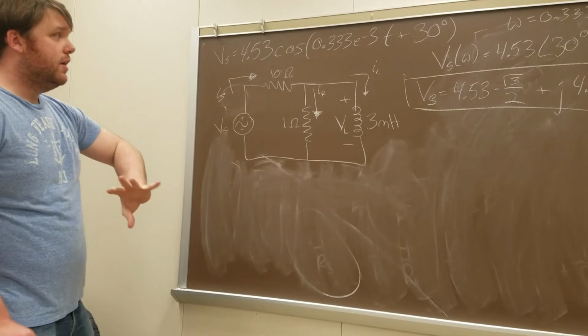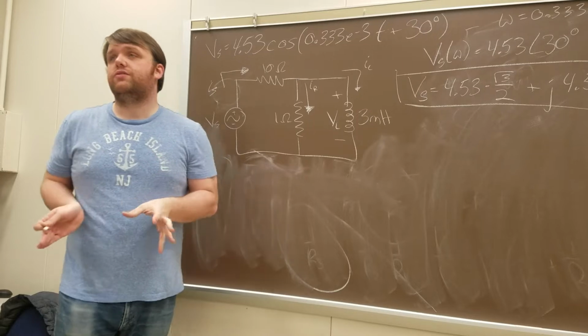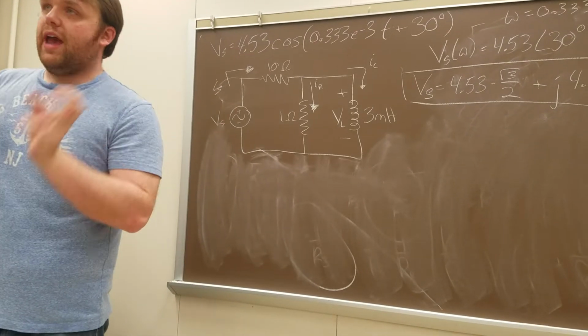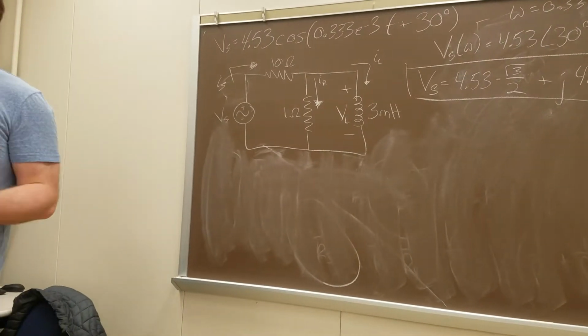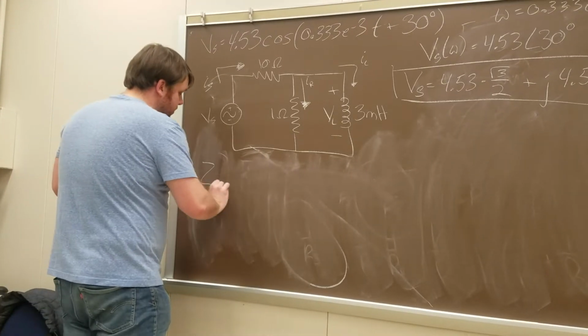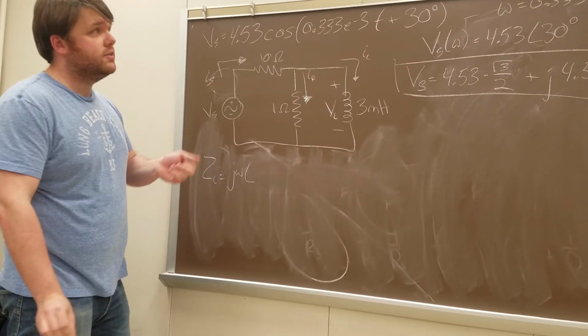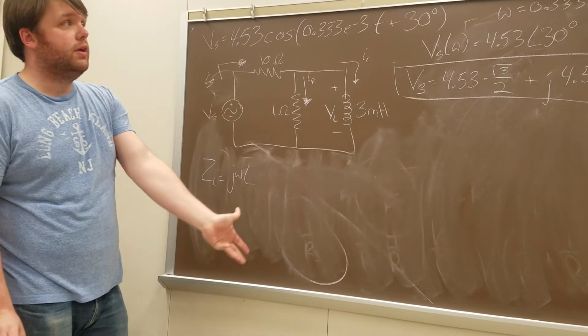The next step is to convert any inductor values or capacitor values into their reactive values, the reactance, or their impedance values that we're used to dealing with. Okay, so the impedance of an inductor, right? J omega L. So for us, omega is 0.333 e negative 3.